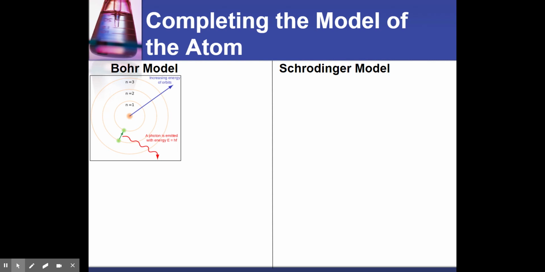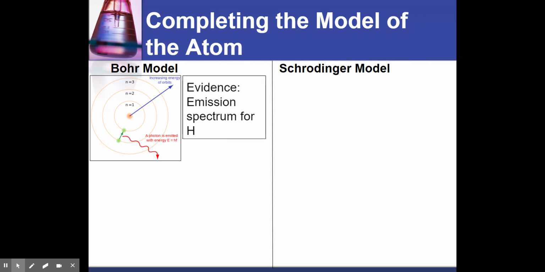Again, they're going to have more energy in those spaces. As they fall back in to energy levels that are closer to the nucleus, those electrons will then emit that energy. The problem is, and this is good and bad, but this was really great evidence that was supported by that emission spectrum of hydrogen.